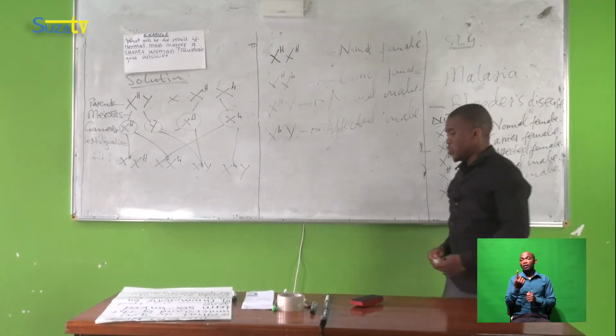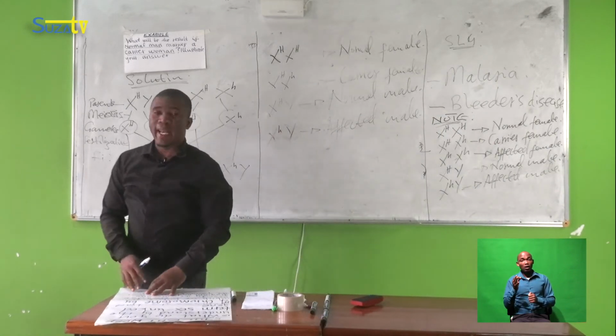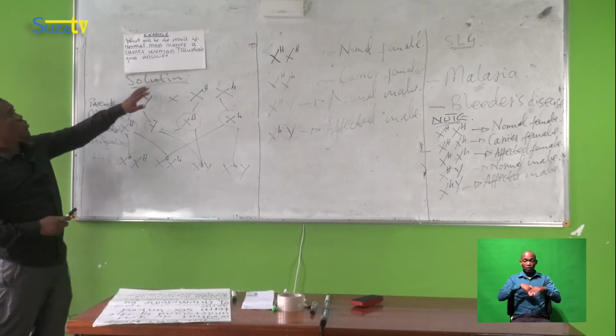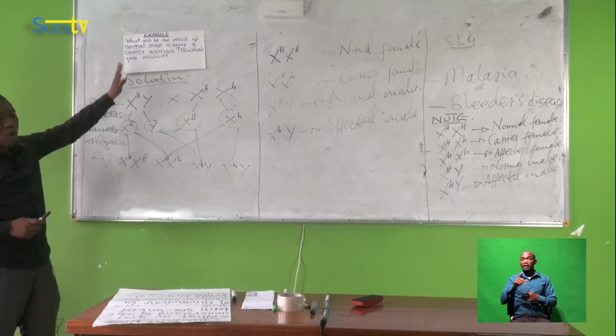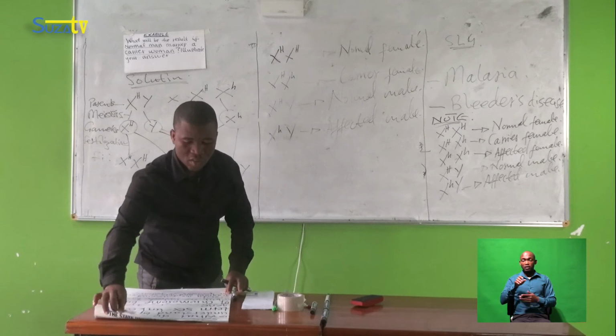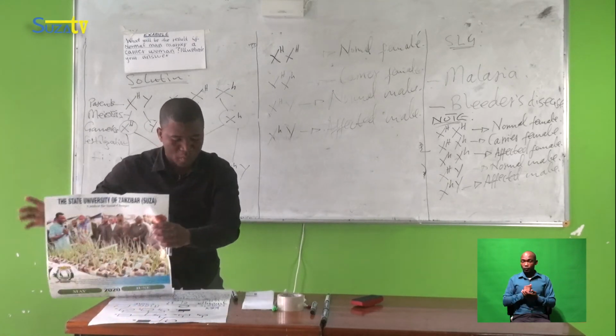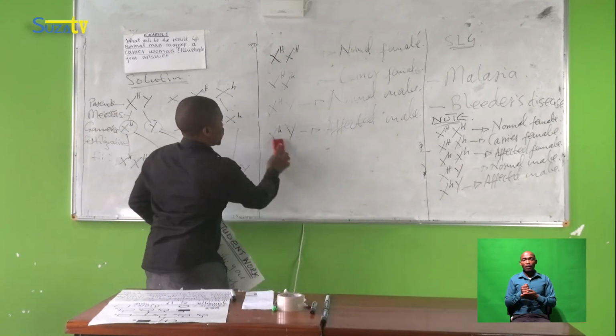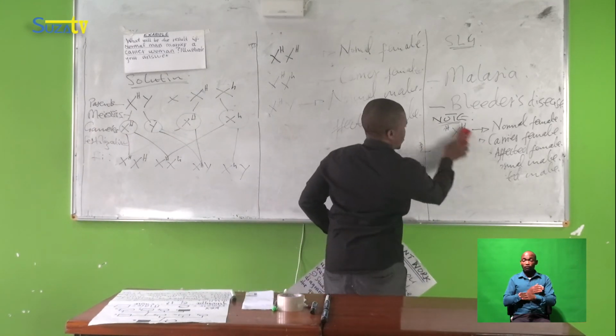So this is how we can illustrate our answers. As the question said, illustrate your answer. Thank you very much. Is there any problem so far? Please tell us before leaving. Tell us, please.